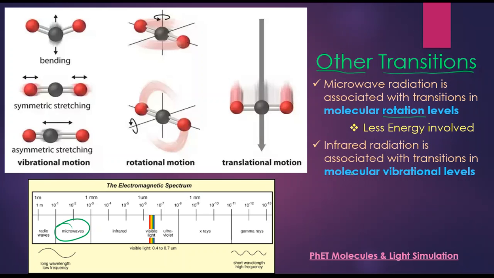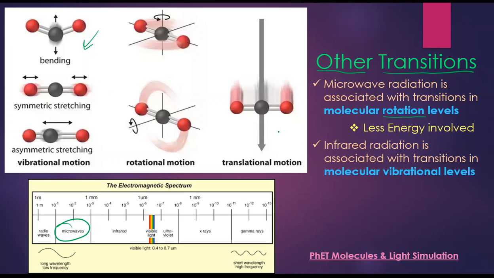Infrared radiation is associated with vibrational changes, where you see the stretching and the bouncing and the bending. Here's the diagram. You'll see it in the simulation in just a second, where it vibrates, stretches and bends, whereas with rotational, they actually spin.